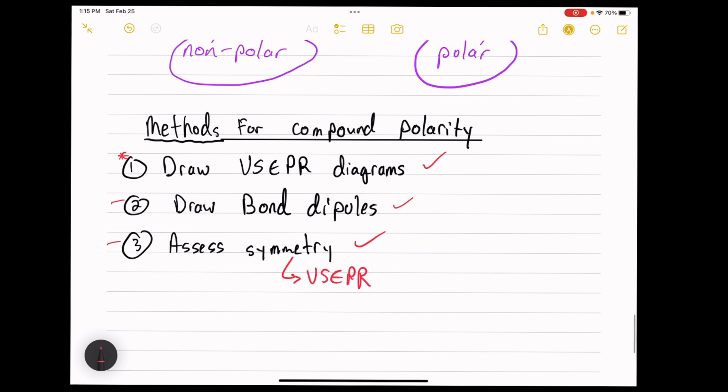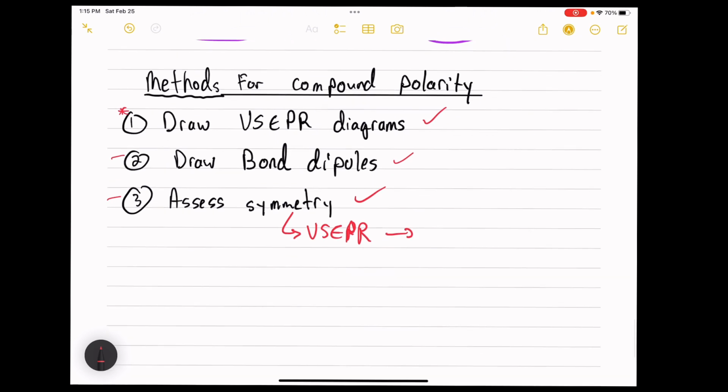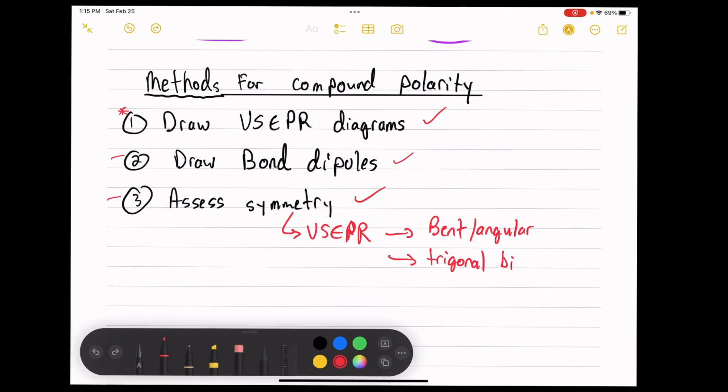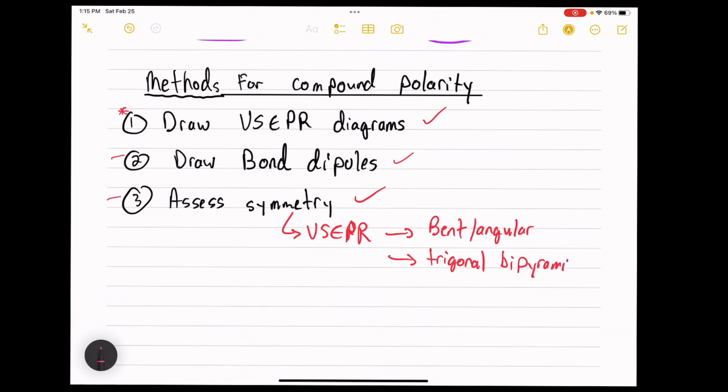And that is going to be important because if your VSEPR diagram has any bent, sometimes called angular, or as well trigonal pyramidal, then we're going to say that these are automatically polar.